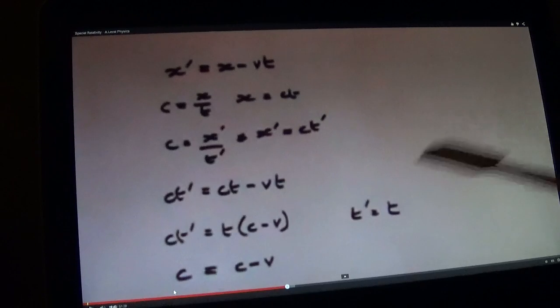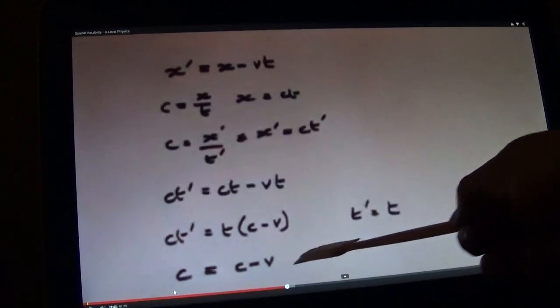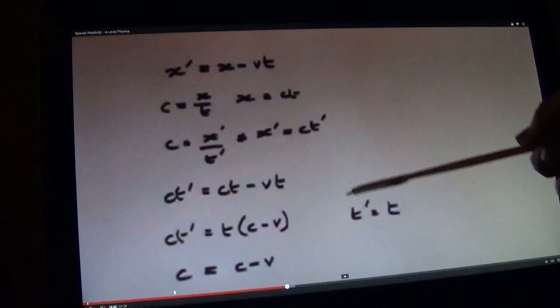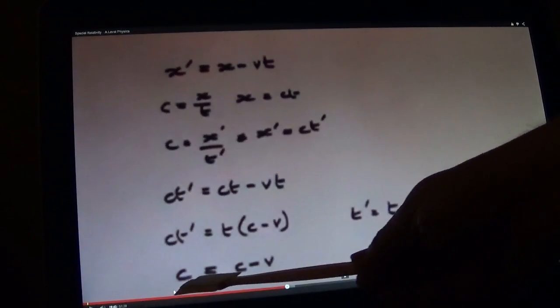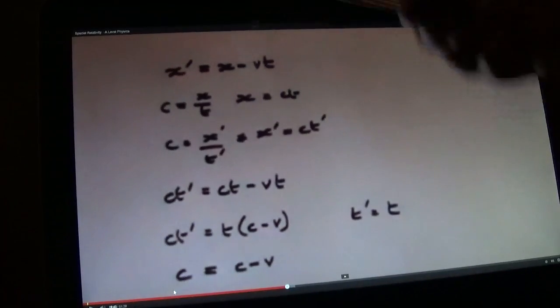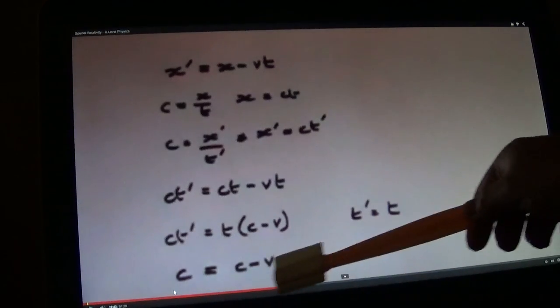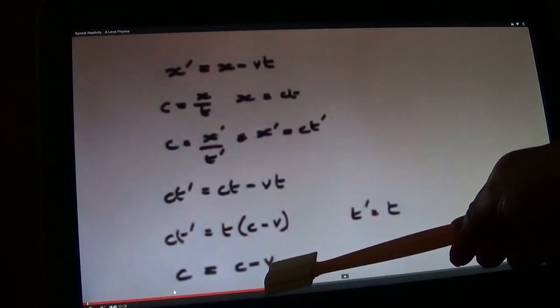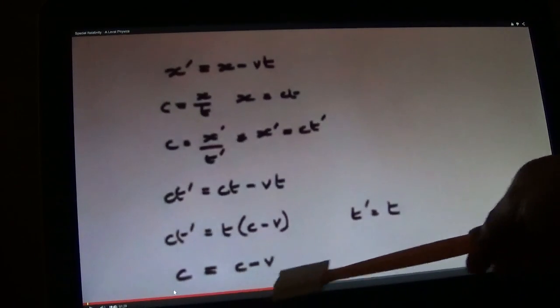Right, so far all this has been Newtonian physics, and he's been plugging in the false assumption about the constancy of c, and he's derived from the maths that c equals c minus v, and that equation can only be true if v equals 0, because c is non-zero.